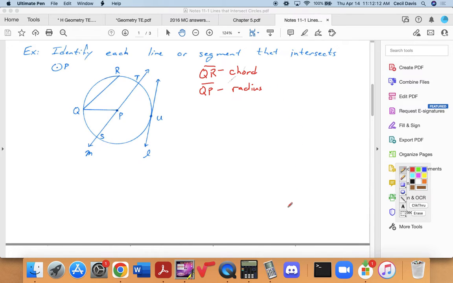Because you did radii of circles a long time ago, like maybe even in elementary school. All right, what about segment PS? A radius. And might as well, while we're at it, what's the other radius? PT. And what's the plural of radius? Radii.